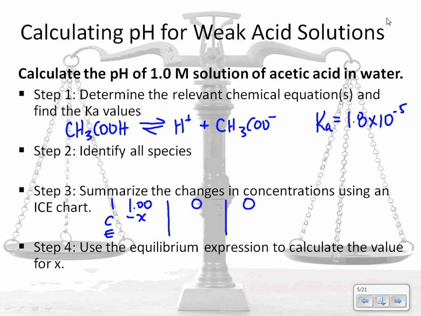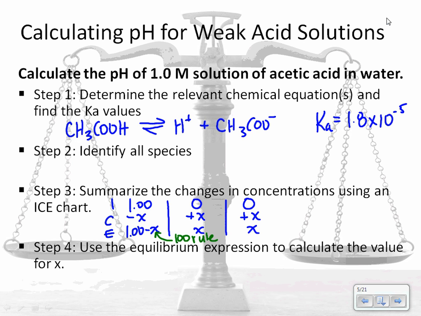So I know this goes down by X, this goes up by X, and this goes up by X. So I end up with 1.00 minus X, and X, and X. Nice thing about this one is, again, I can use the 100 rule. So here, I can use the 100 rule and eliminate that X.